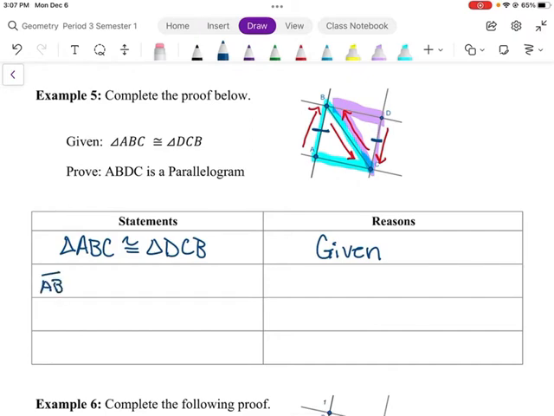And then our second side is BC is congruent to BC. Oh, actually, we know that, but we don't have to write it in here. I forgot we are proving the parallelogram. And then the last side of both of our triangles would be CA is congruent to BD.